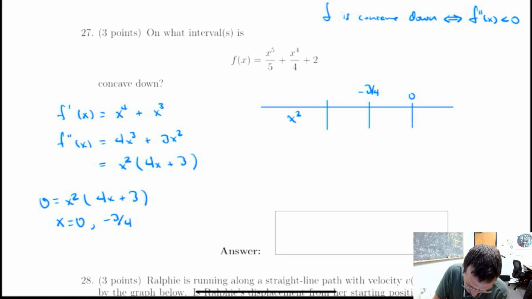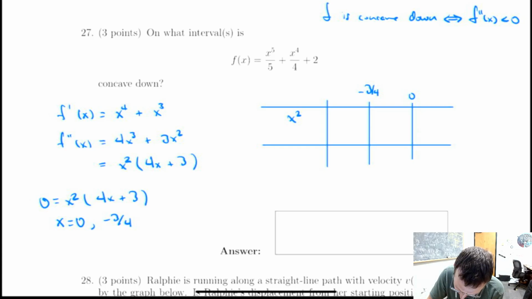I like to just write out all of the pieces of the expression when I'm making a sign chart and think about them individually and then think about how they combine together. So we've got an x squared and a 4x plus 3.